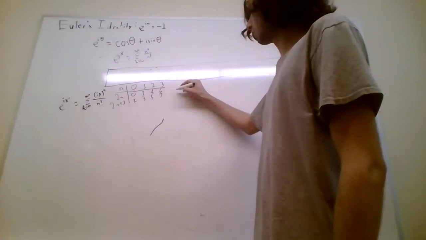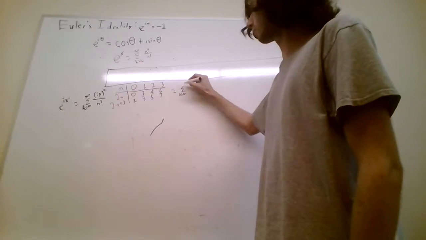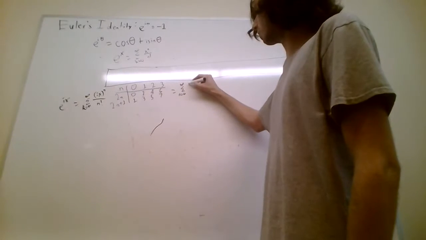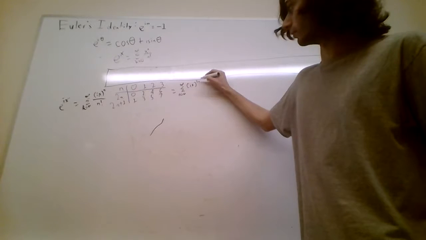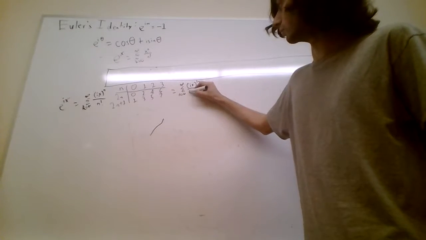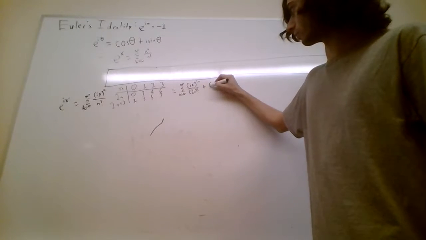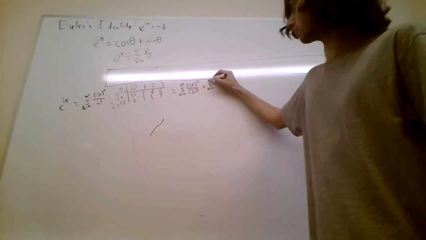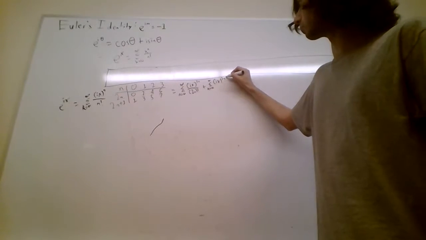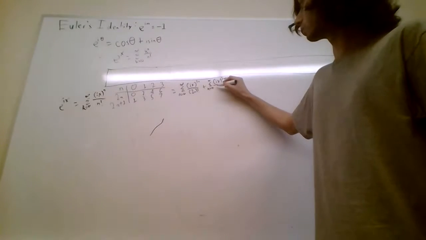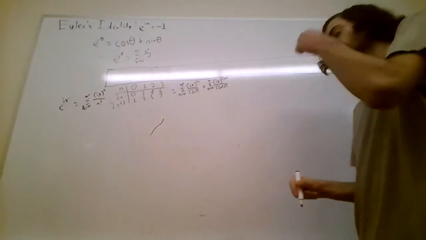So I'll say it's equal to the sum n equals 0 to infinity of ix to the 2n, and those will cover the even terms, over 2n factorial, plus another sum from n equals 0 to infinity of ix to the power of 2n plus 1 over 2n plus 1 factorial.